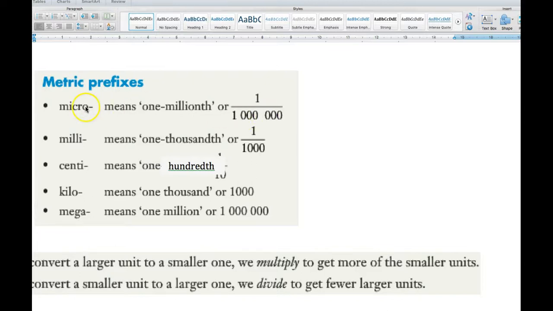A micrometer, for example, is 1,000 times smaller than a millimeter. I know a millimeter is so tiny. Think of your ruler, 1 millimeter. 1,000 micrometers fit into that 1 millimeter.